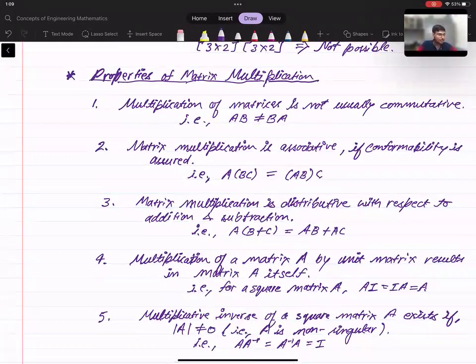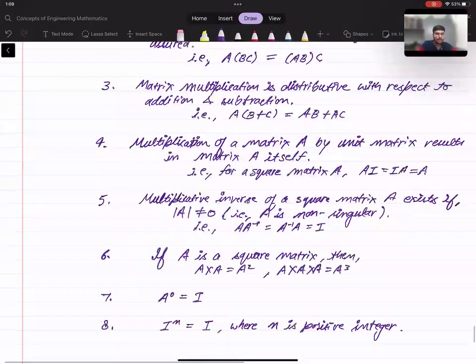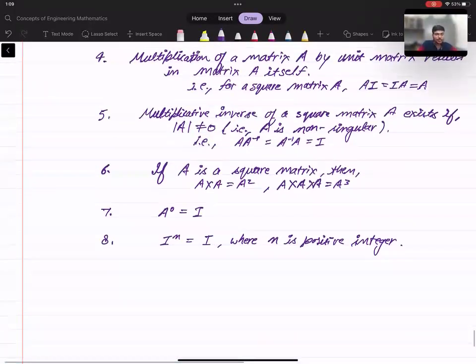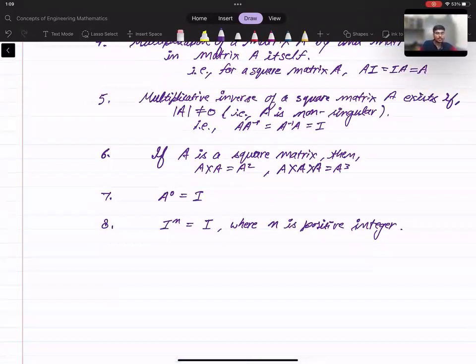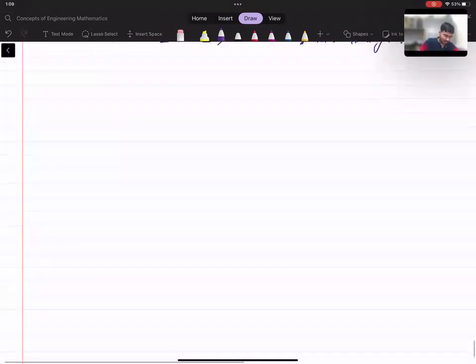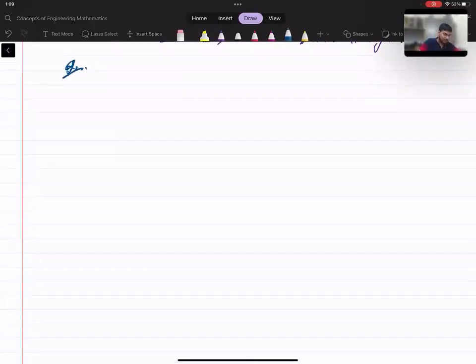Now let us see the multiplication of matrices with the help of examples. Let us see the question where we are given two matrices A and B, and we need to find the products AB and BA.